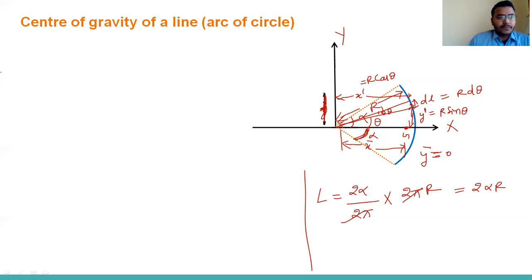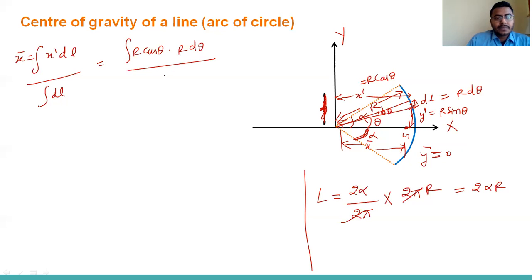Now we can apply the formula here. We are going to calculate x bar, so integration of x dash dl divided by integration of dl. Put the value of x dash, that is r cos theta, into dl, that is r d theta, integration. The denominator integral will be the total length, that is l.